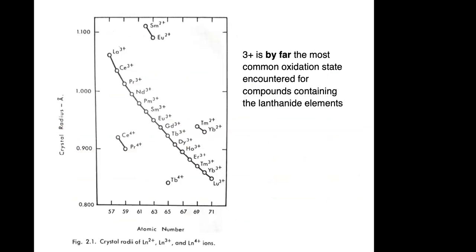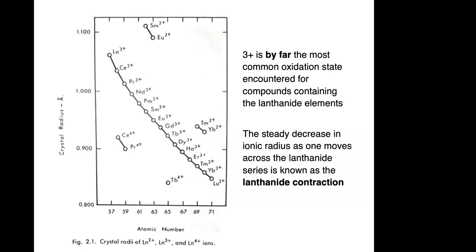And so here's just a plot showing ionic radii and their steady decline, particularly for the 3+ ions as we move across from lanthanum to lutetium. Right? And so again, note 3+ is by far the most common oxidation state.